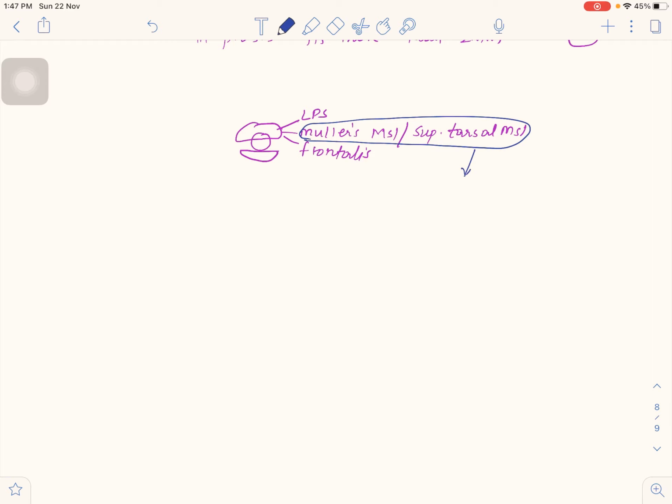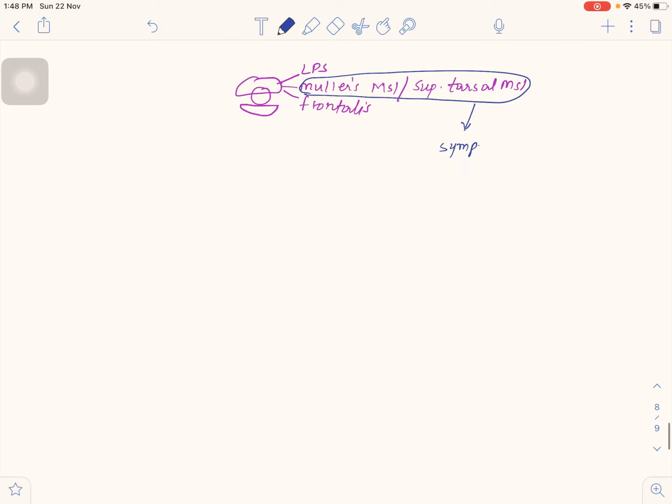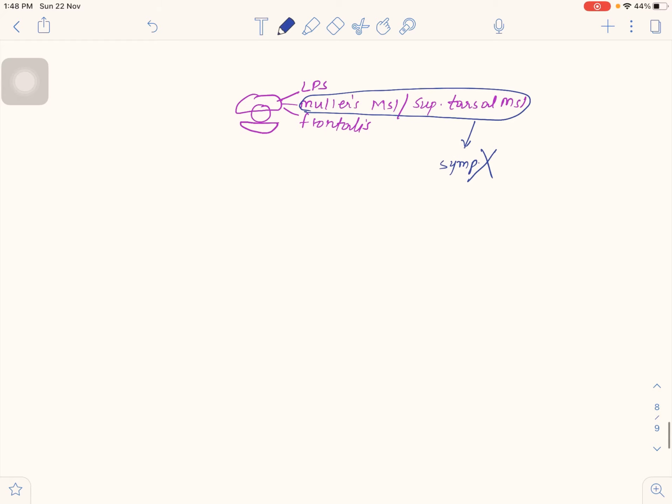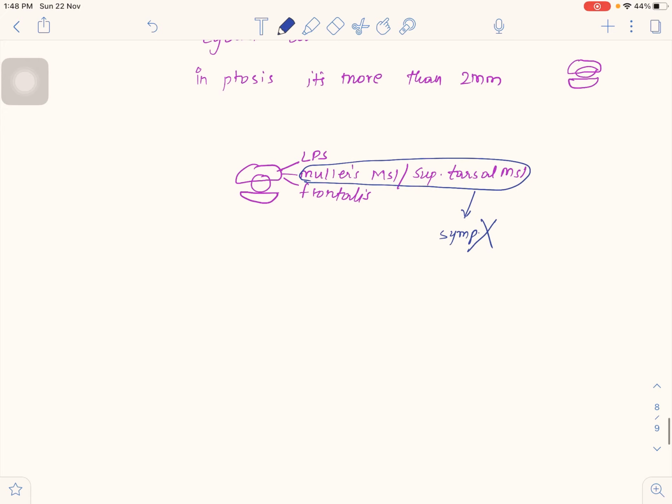This is supplied by the sympathetic pathway. So in Horner syndrome, this is affected. Because of this, ptosis occurs. This is not complete ptosis, it is a slight ptosis. If LPS is affected, it leads to higher ptosis, more ptosis can occur.